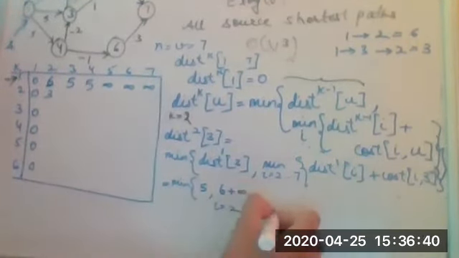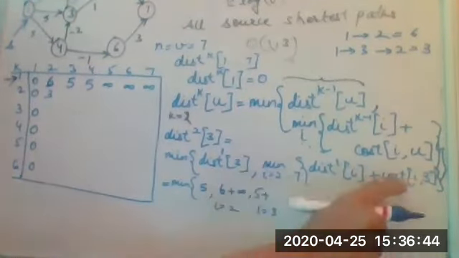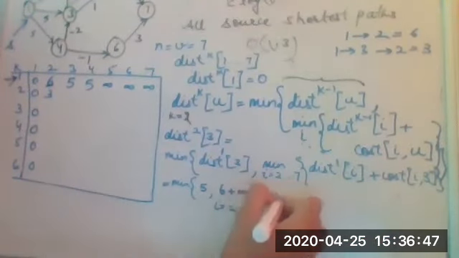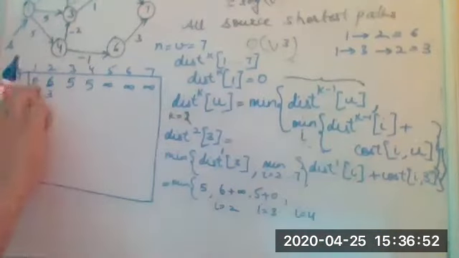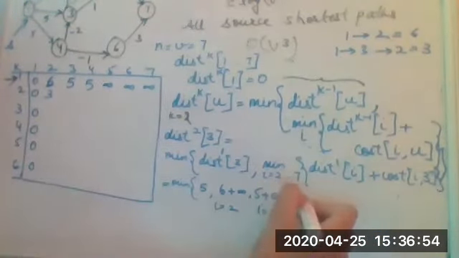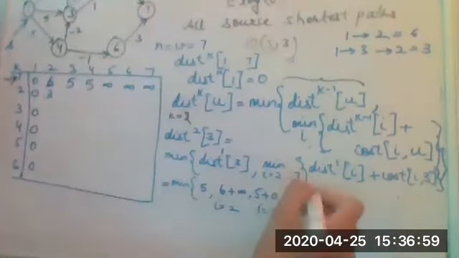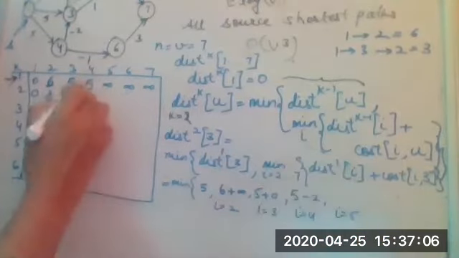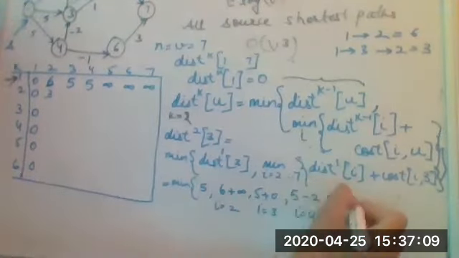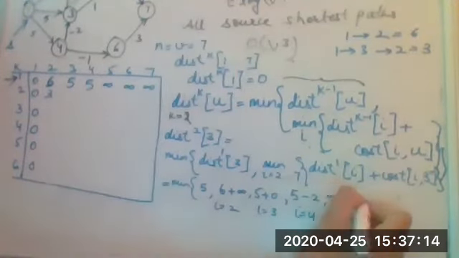Next value is I equal to 3. So the distance of 1, 3 is 5 and the cost of 3 to 3 is 0. I equal to 4: the distance of 1, 4 is 5 from the matrix, plus the cost of 4 to 3. 4 to 3 is minus 2, so I'm going to put here minus 2. I is equal to 5: the distance of 1 to 5 is infinite. We know that infinite plus anything, 5 to 3, is infinite.